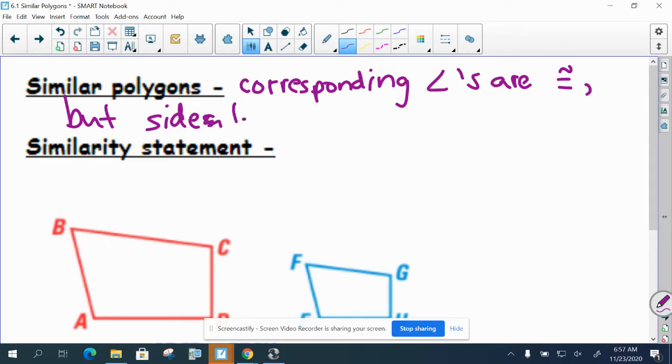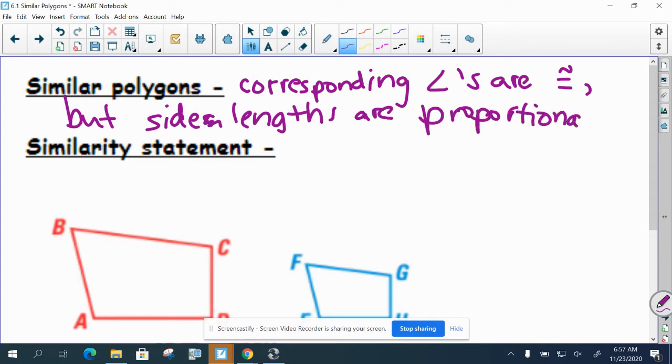So side lengths are proportional. Keyword there. All right, so if you were to draw a picture based on maybe a little picture that you took, like if you were to scale it up and draw a big portrait, you want to make sure all parts are proportional, and if they're not, then it's not going to look like the original figure.